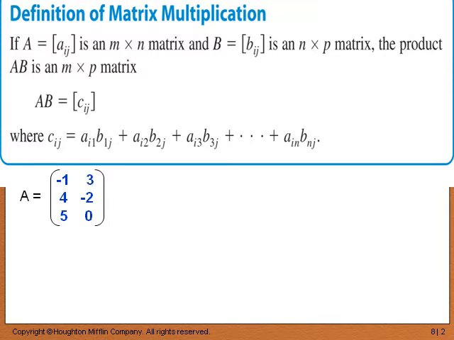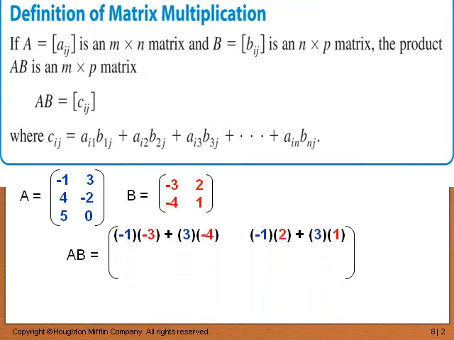Let's say we have a matrix A, -1, 3, 4, -2, 5, 0. And we have a matrix B, -3, 2, -4, 1. And we want to compute the product AB. Well, here is how matrix multiplication works.